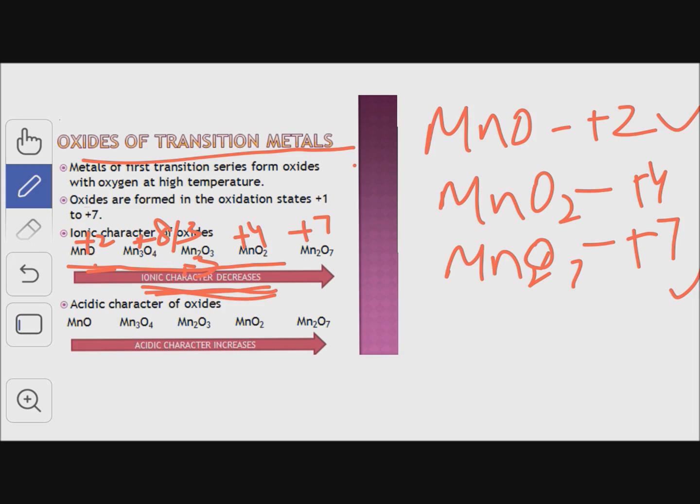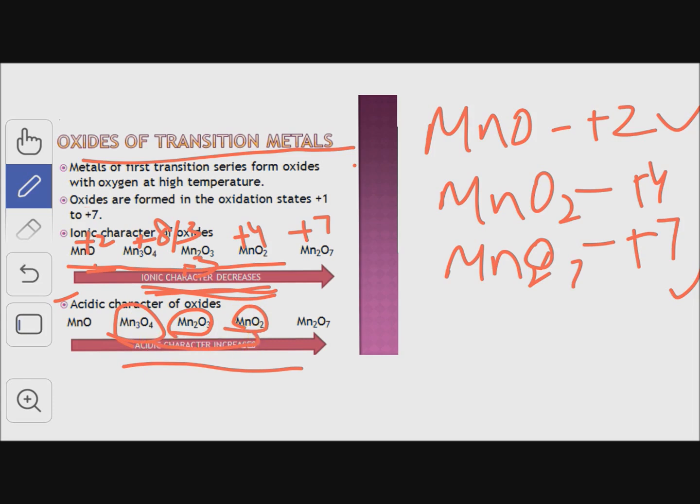Next is the acidic character. Acidic character increases when the oxidation state increases. And some of the oxides show amphoteric nature, like Mn2O3, MnO2, and Mn3O4.